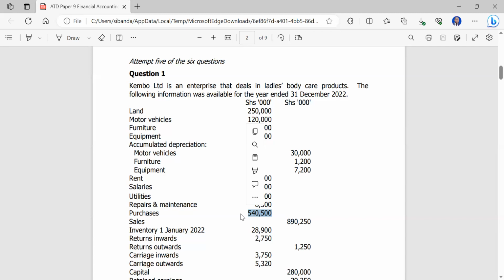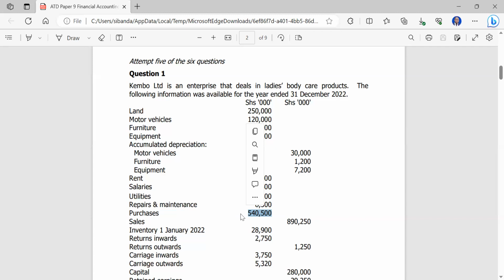Why carriage inwards? It is because carriage inwards is basically logistical expenses in bringing these purchases into our premises. That's why it's called carriage inwards. So things are moving inwards. There's a very similar term which is called carriage outwards.